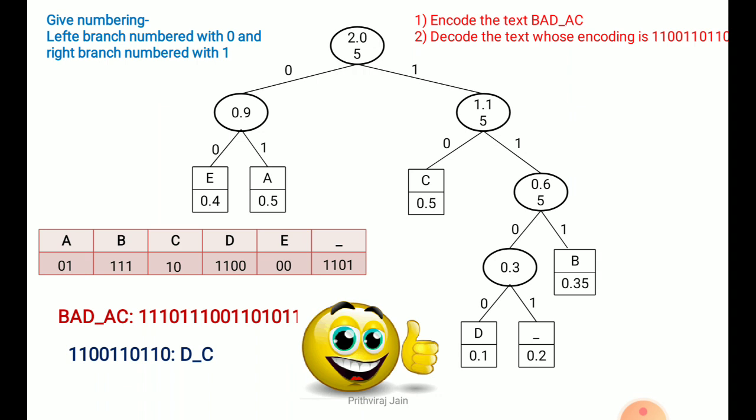And one thing, as I told in the beginning, it is also used as a data compression technique. We know that every individual character is 1 byte, which is equal to 8 bits, and in BAD underscore AC we have 6 characters, so 6 into 8 is 48 bits.